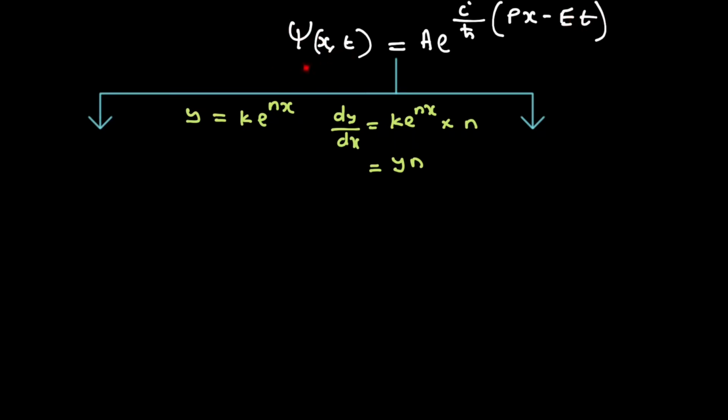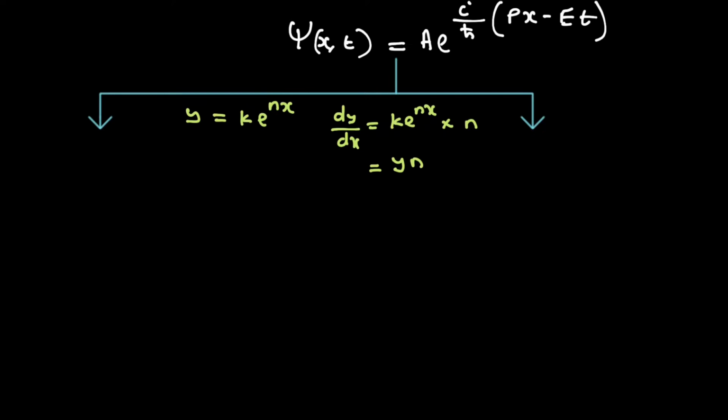Also, if we are to differentiate with respect to x, but we've got two variables here, x and t, it means we have to keep t constant. Because we're differentiating and keeping one constant, we're going to use something called partial derivative. And partial derivative is written as delta over delta something.